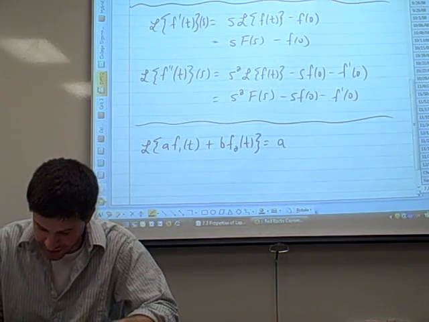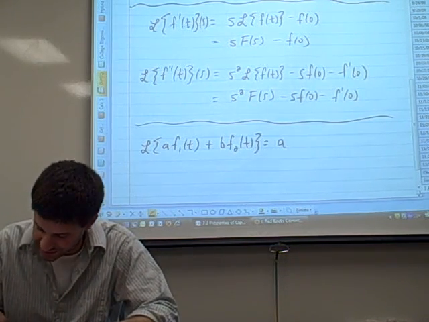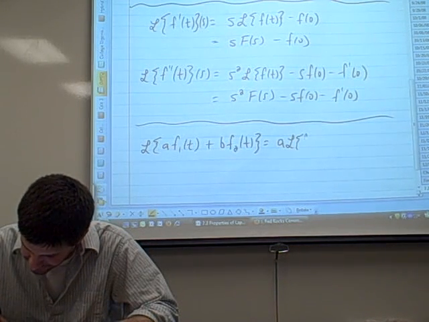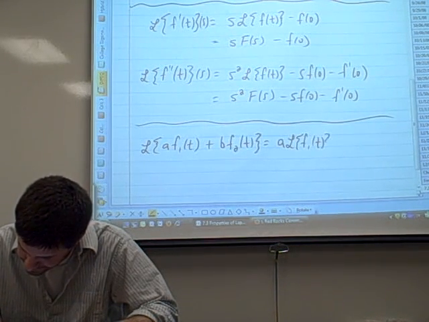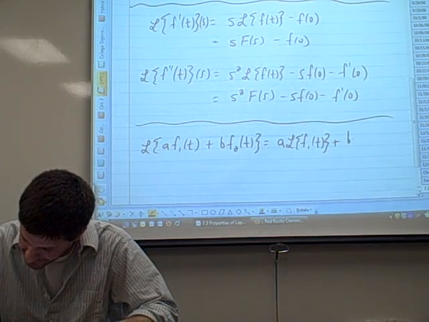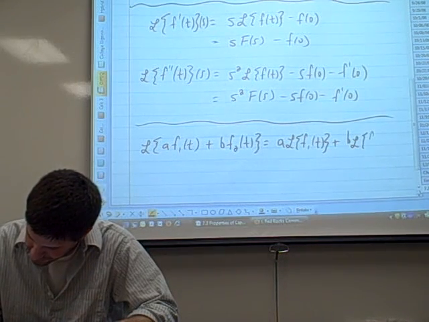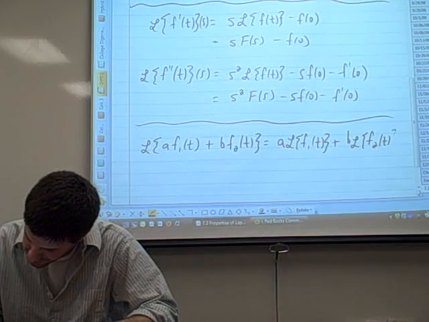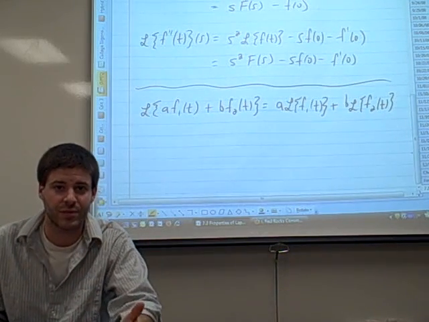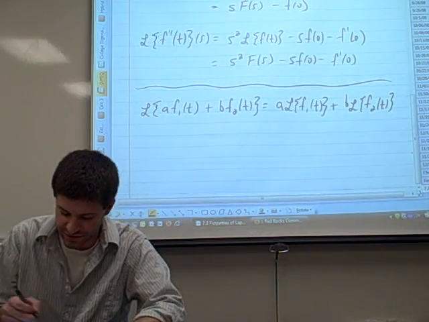You can pull the a out, that's a constant, and you can take the Laplace transform of f1. And you can pull the b out, and you can take the Laplace transform of f2. Now, that might look a little bit complicated. It's really not. Here's an example.